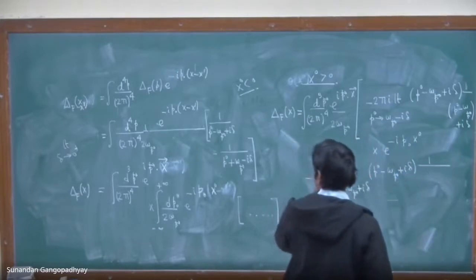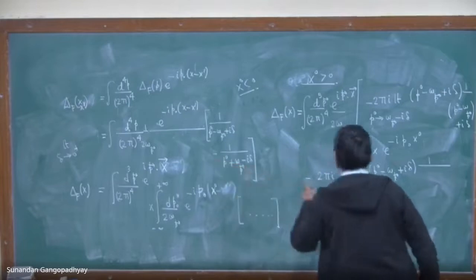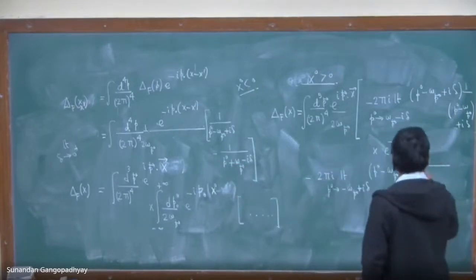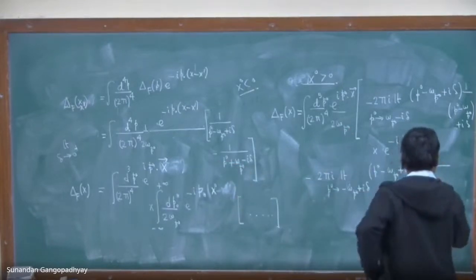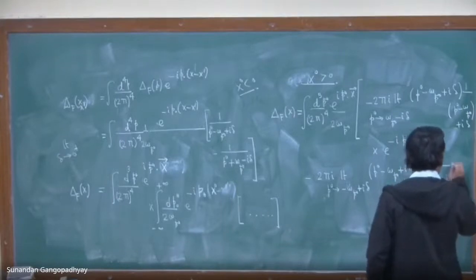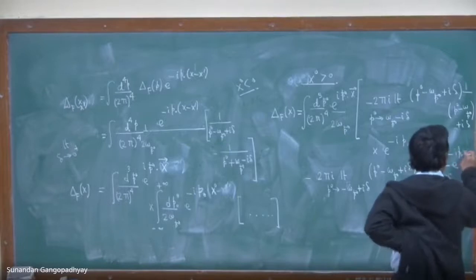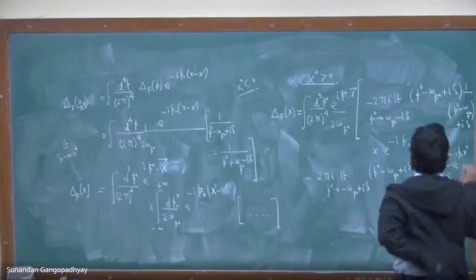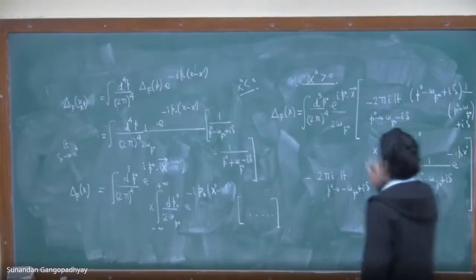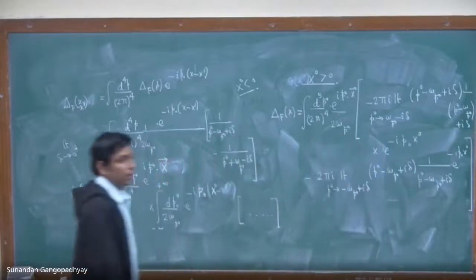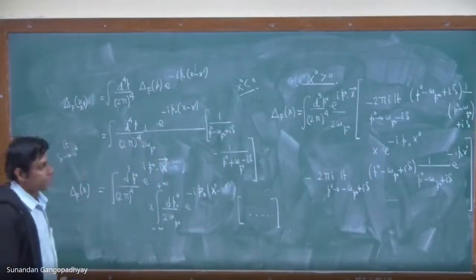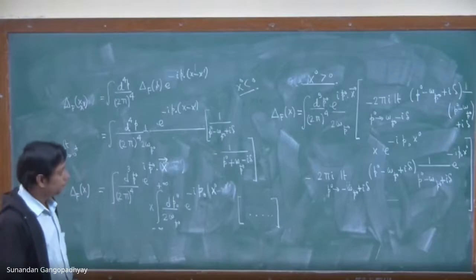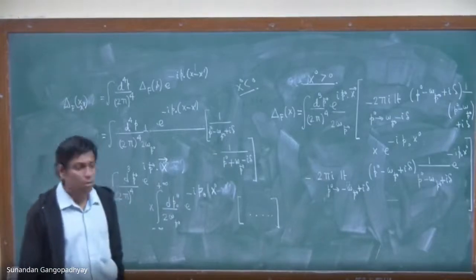I've already taken into account the minus sign, so this will give us e to the power of minus i p0 x0. So this is the full result for the p0 integral. Are you okay with it?